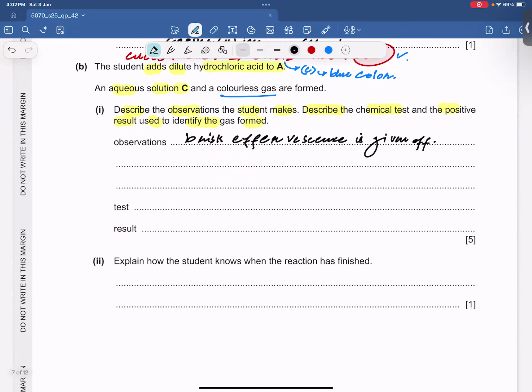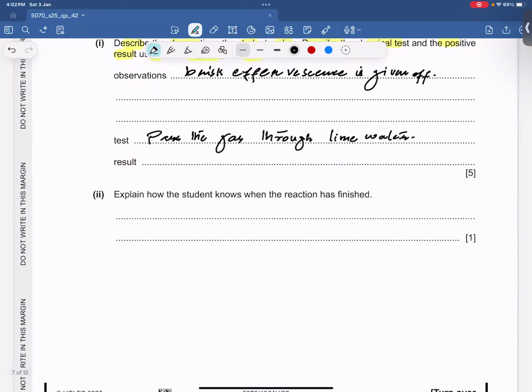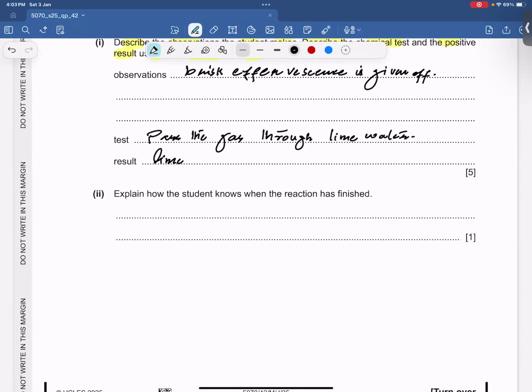Test: pass the gas through lime water, or bubble the gas through lime water. Result: lime water turns milky, or cloudy. Okay.